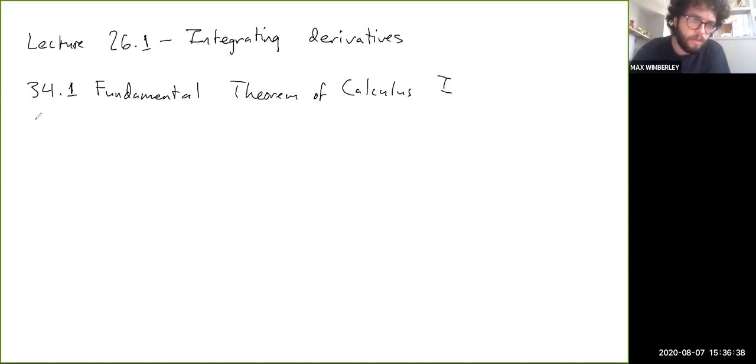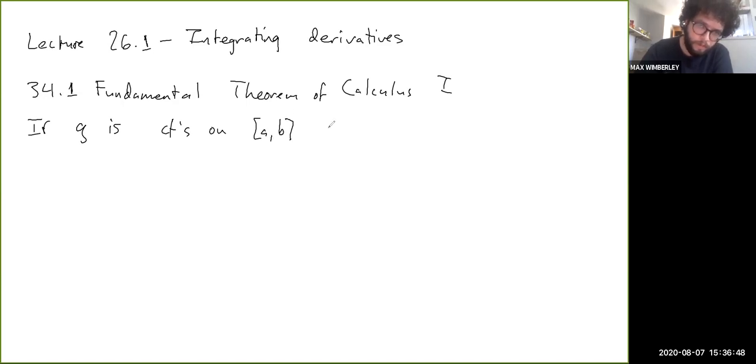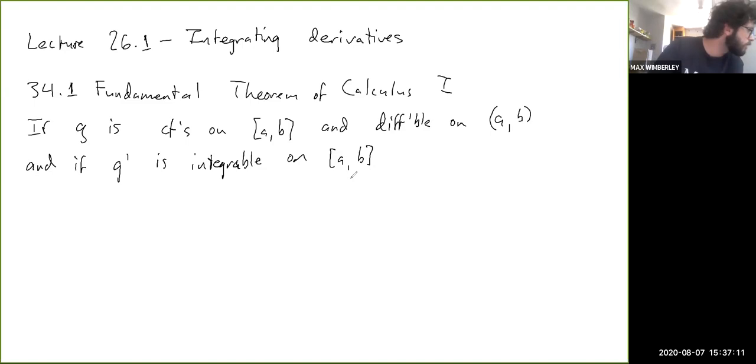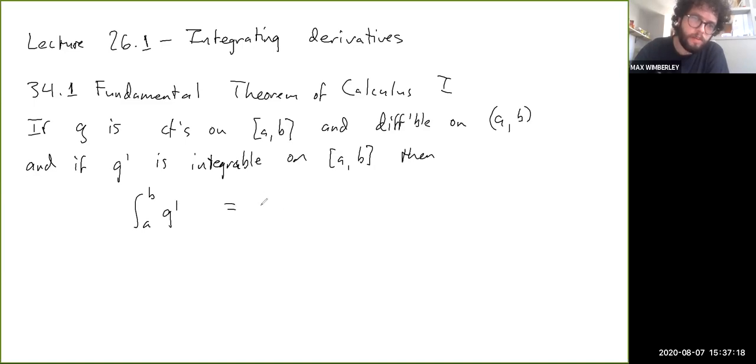Right, so in this one, if G is continuous on [A, B] and differentiable on the open interval (A, B), and if G prime is integrable on [A, B], this bears some elaboration, which I'll mention in a second, then the integral from A to B of G prime is G of B minus G of A, as you would expect, right?